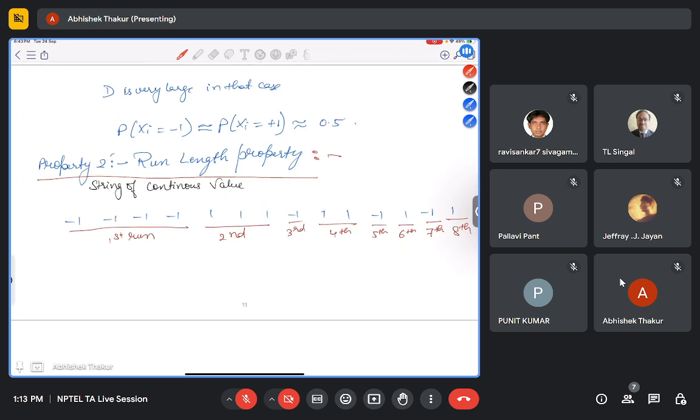Here you can see the first run is a run of length 4. Similarly, this is a run of length 3, this is a run of length 1, and this is a run of length 2.